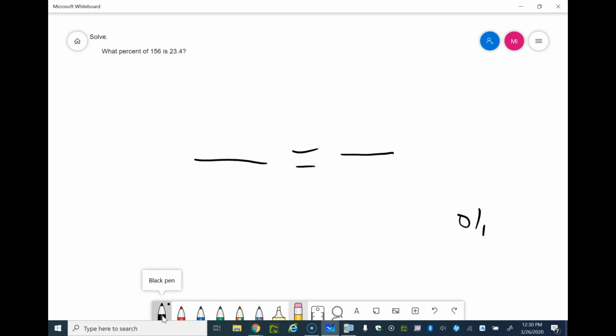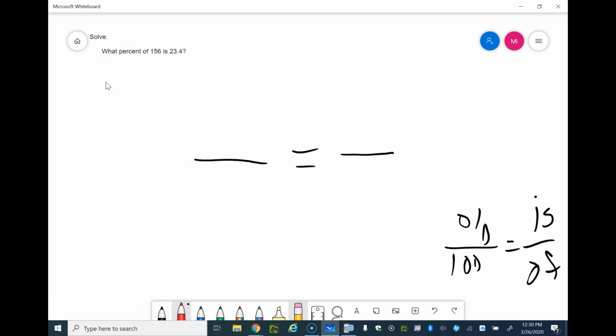Remember, it's going to be percent over 100 is equal to is over of. So in this problem here, it says what percent. Because we don't know the percent, that's going to represent our X. Remember, 100 is always in the bottom left-hand corner. That never changes.